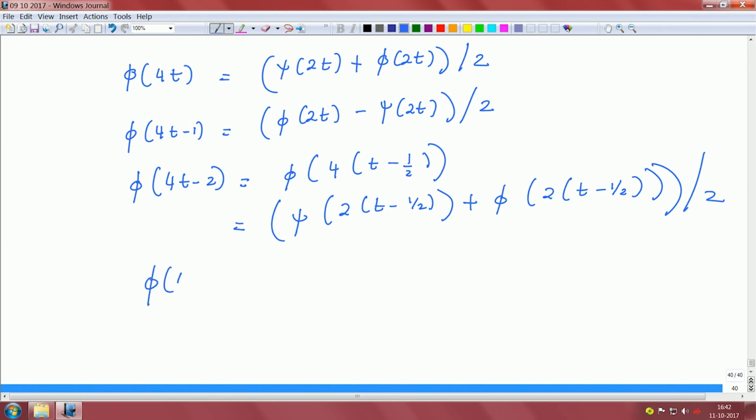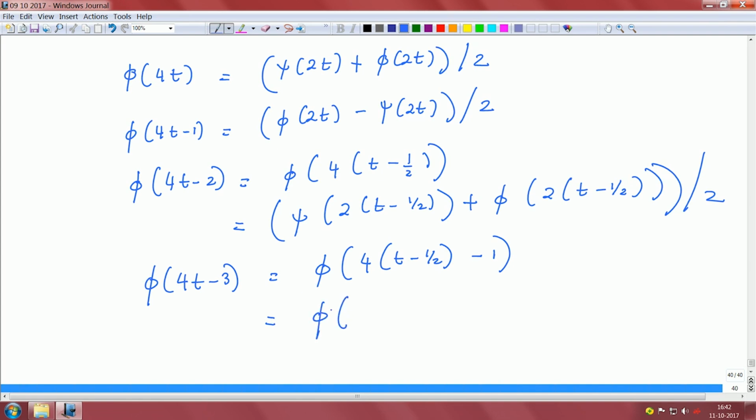And similarly, you have phi of 4t minus 3, which is basically phi of 4 into (t minus half) minus 1, and this you can write as phi.